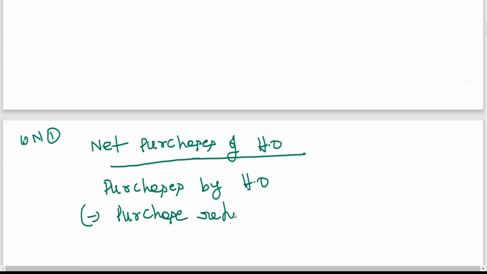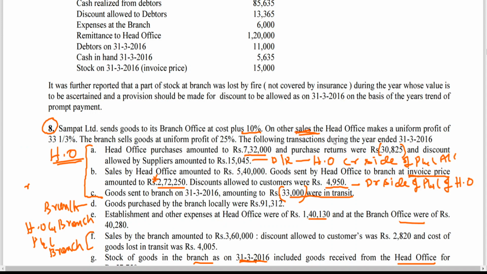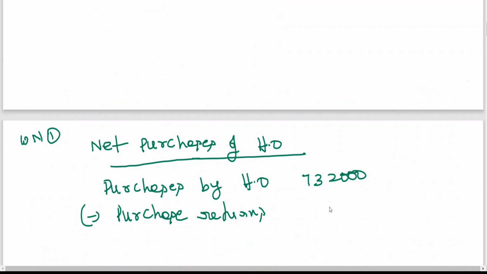See, otherwise it looks clumsy. I'm writing here 7,32,000 minus purchase returns. How much? 30,825.